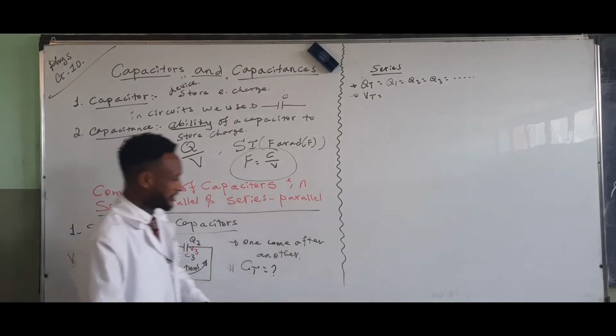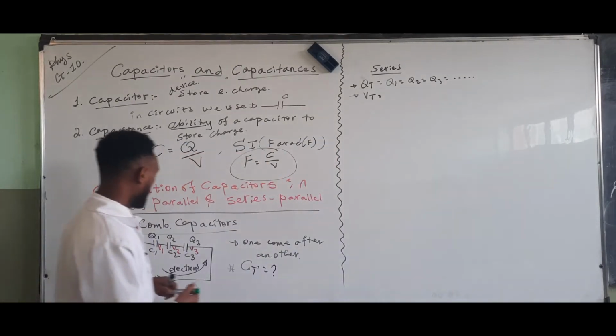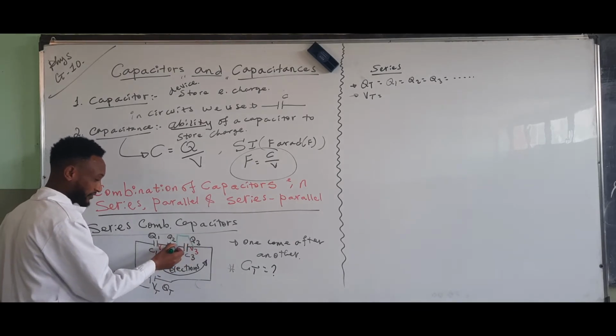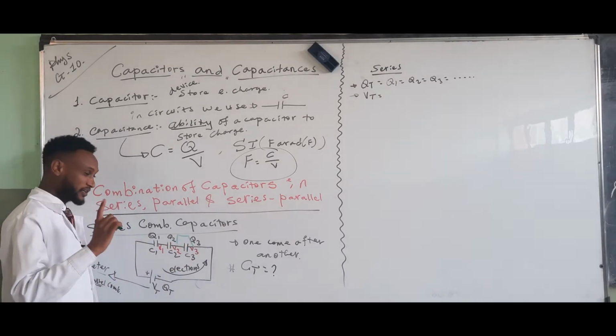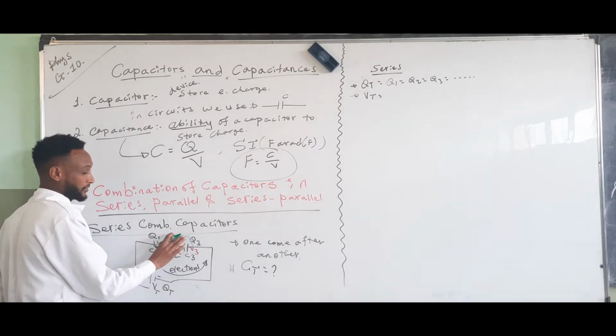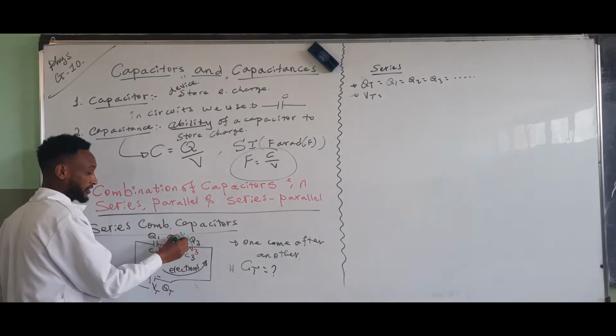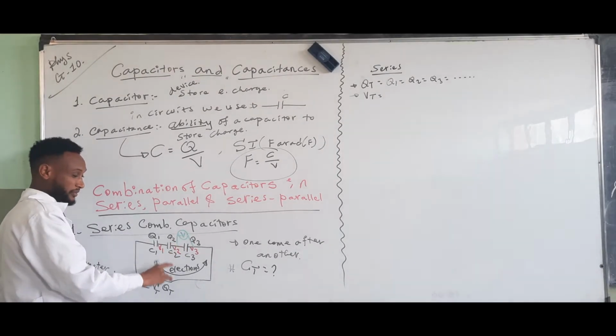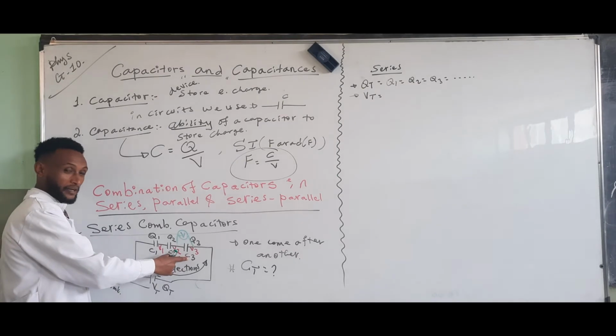That means while we measure the voltage across capacitor 3, we connect a voltmeter to capacitor 3 in parallel. So this one is a voltmeter, the device used to measure the voltage across capacitor 3.